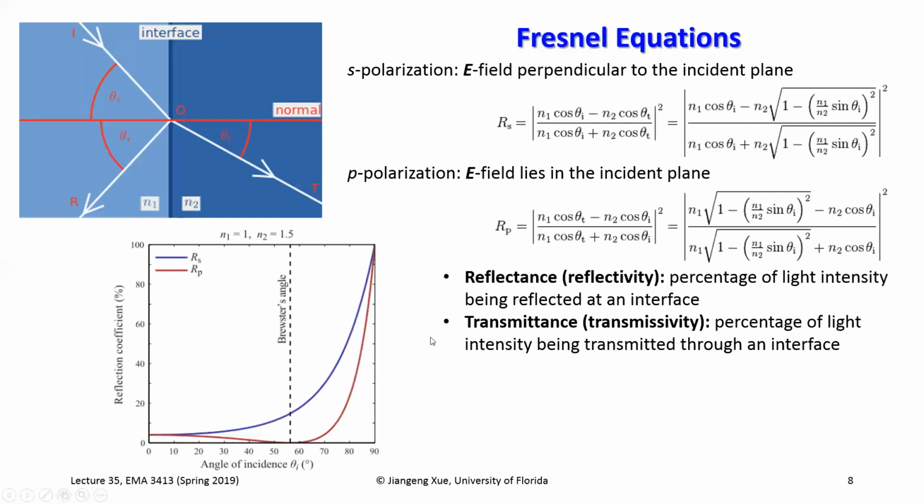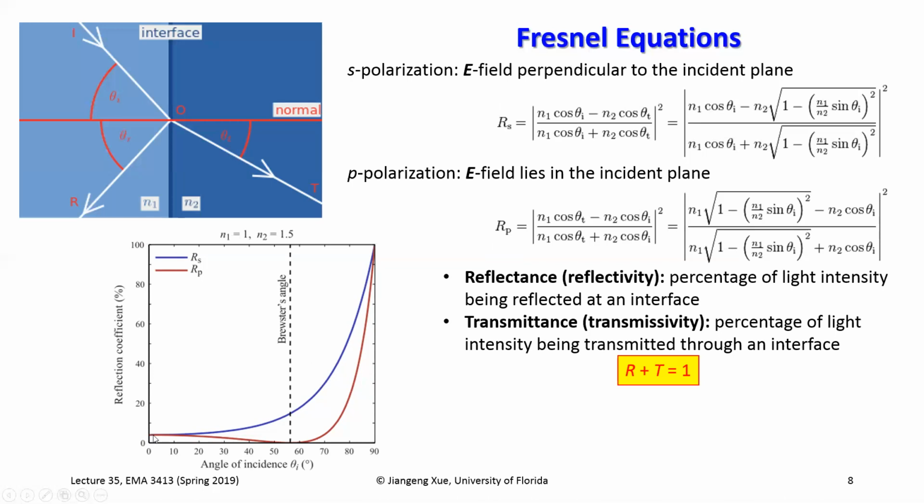If the light is not reflected, then it'll go through. In that case, it transmits through the interface, so we can determine a transmittance. The reflectance and the transmittance across this interface sum to 100%. Both the S wave reflectance, RS, and the P wave reflectance, RP, depend on the incident angle. At 0 degrees, they are degenerate.